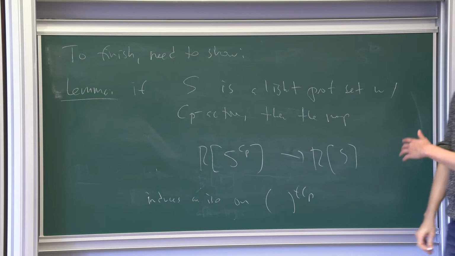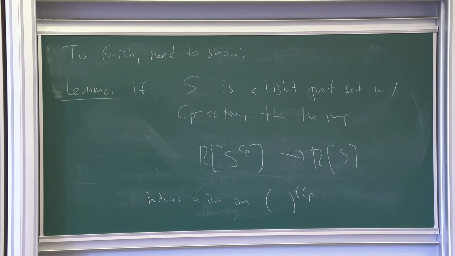And in particular on Tate cohomology when you pass to pi 0, so just Tate cohomology in degree 0.